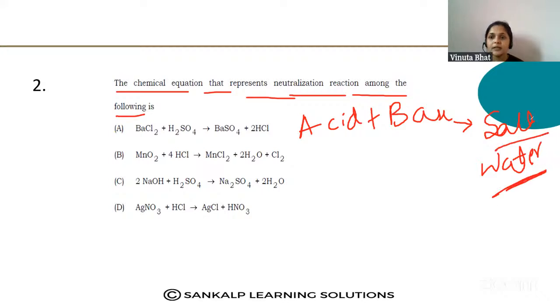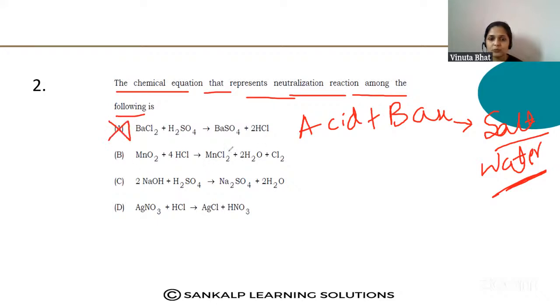Here you have to find the acid and base which form salt and water. Barium chloride and sulfuric acid, H2SO4, form barium sulfate and HCl. Water is not formed in this reaction, so it is not a neutralization reaction.